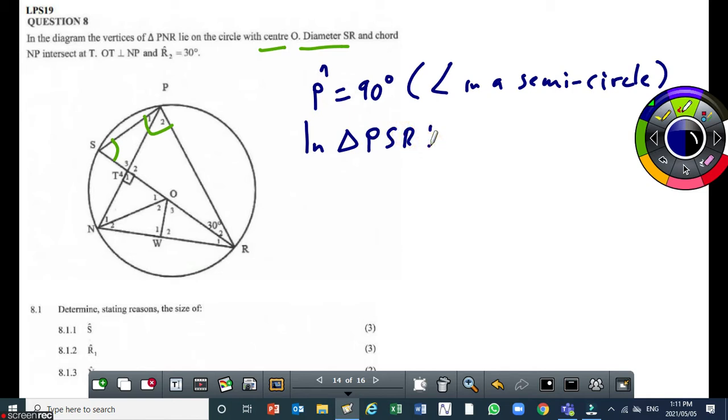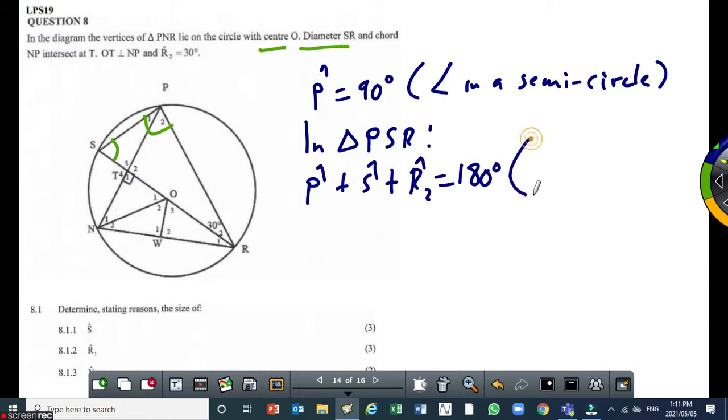Okay? In that triangle, if I add angle P plus angle S plus angle R2, I'll get 180 degrees. Alright? So I have to write my reason here, sum of angles in a triangle. Okay?